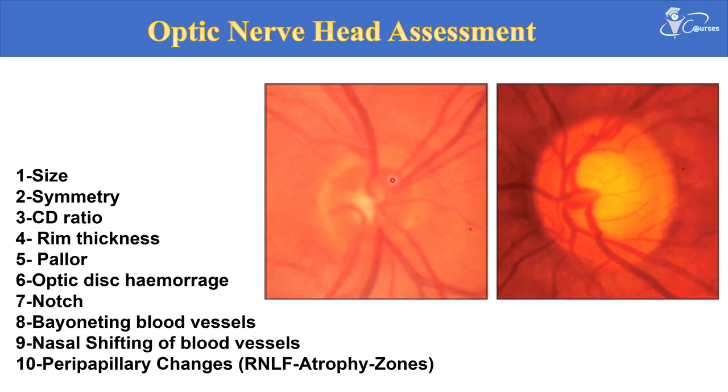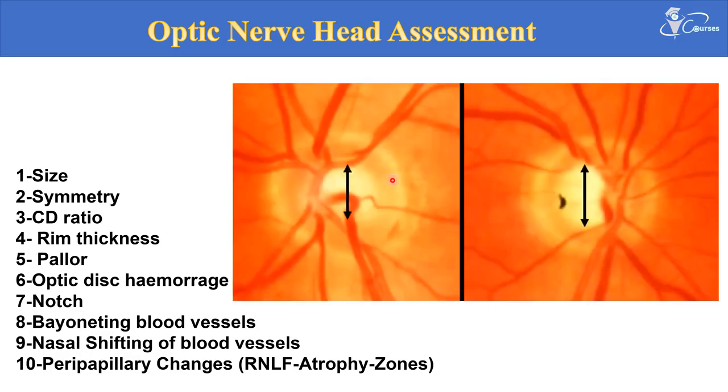So we cannot say that it's always a large cup, but we always need to check the size of the disc, in order to recognize that the patient could have a large cup and large disc, like in myopia, or a small cup and small disc in hypermetropia. The symmetry between the 2 cups was found to be one of the most important clues.